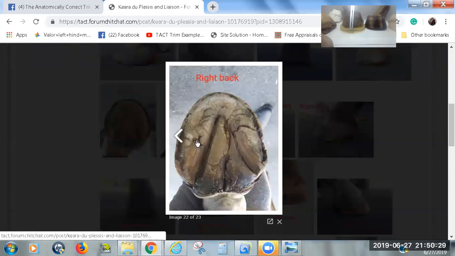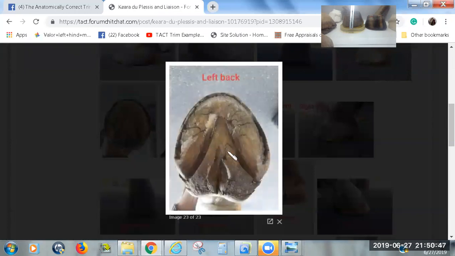You can see here though that bar has grown over this area right here. But he just hasn't got any foot, and it's so dry and cracked. If you could make yourself a soaking station and soak his feet a couple times a week.